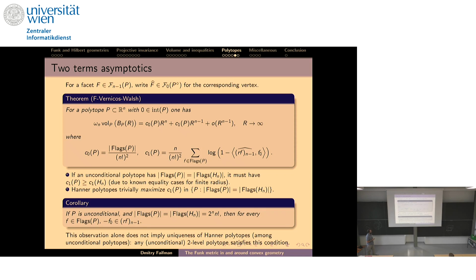If P is unconditional with minimal possible flag number, then for every flag, if you apply the full flip to this flag, then minus the vertex is already in the facet of the resultant flag. So it does make the polytope very symmetric in some sense, with some strong restriction, but it does not imply it is a Hanner polytope. There is a larger class of two-level polytopes which definitely satisfy this condition, and we don't really know how much larger the class is.